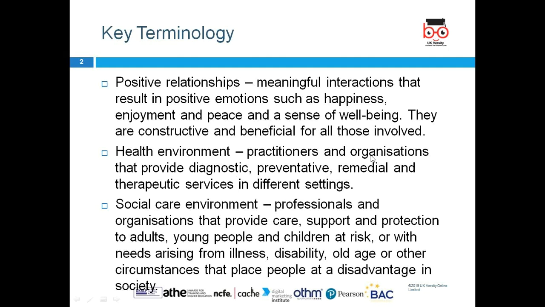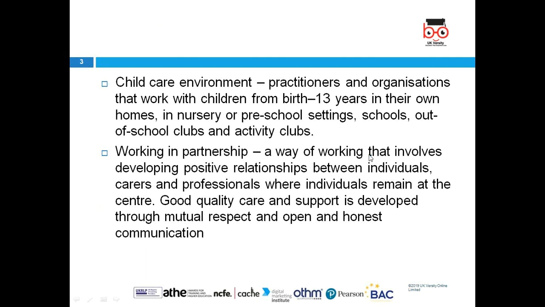And then we have childcare environment. This is where practitioners and organizations work with children from birth to 13 years in their own homes, or a nursery, or a preschool, or even a school setting, and out of school clubs and activity clubs. So that is what childcare environment is.